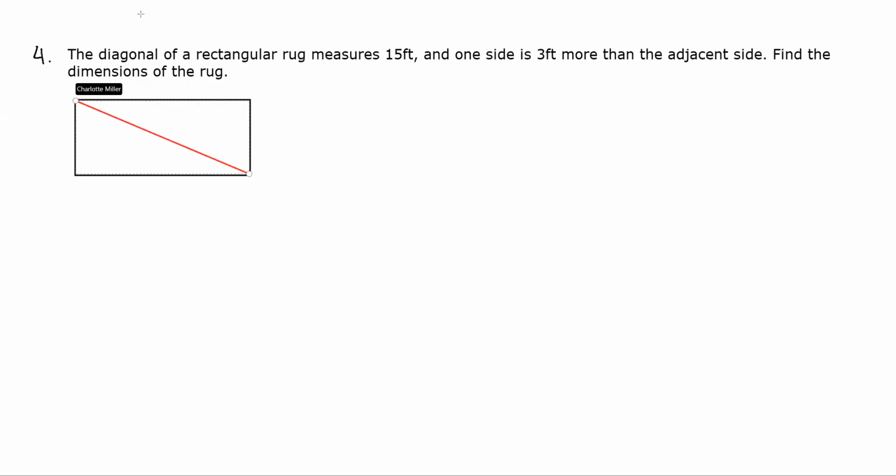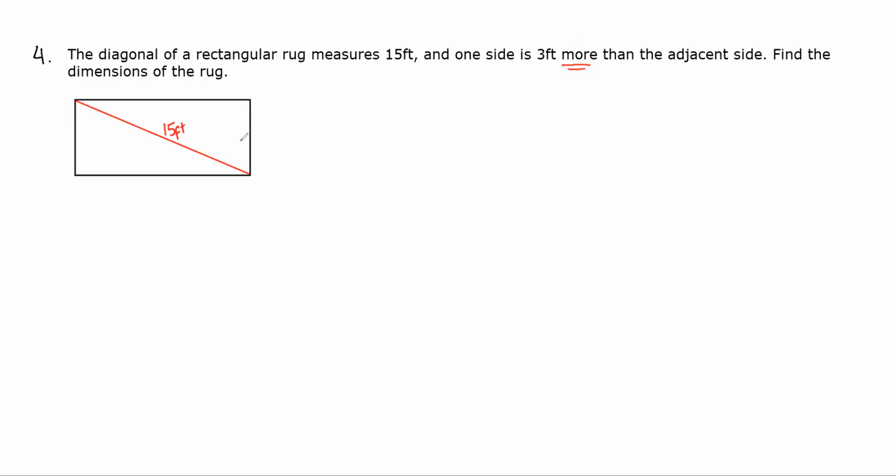All right, so now if we go ahead and look at this, we have our diagonal. And we know the diagonal measures 15 feet. So this here is 15 feet. Label everything you know. One side, doesn't matter which one, is 3 feet more than the adjacent side. Since it's 3 feet more, I'm going to assume that it's the longer side. And it's 3 feet more than the adjacent side.